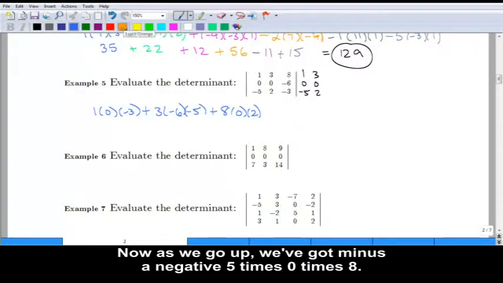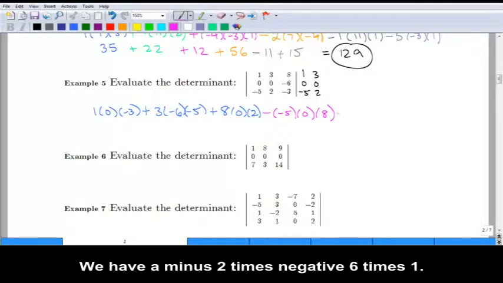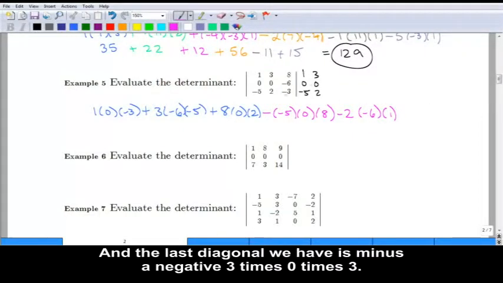Now as we go up, we've got minus a -5 times 0 times 8. We have a -2 times -6 times 1. And the last diagonal we have is minus a -3 times 0 times 3.